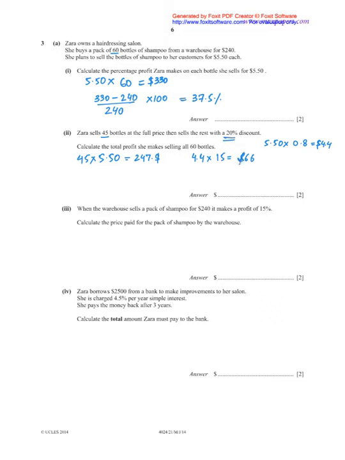So that is equal to $66. Alright. So calculate the total profit she makes selling all 60 bottles. So the total price is 247.5 plus 66, which equals 313.5, right? And the cost price is 240, so 313.5 minus 240 gives you the value of $73.5.